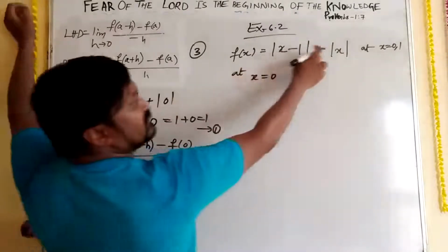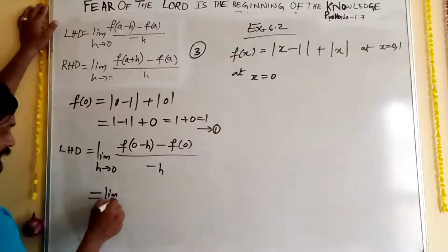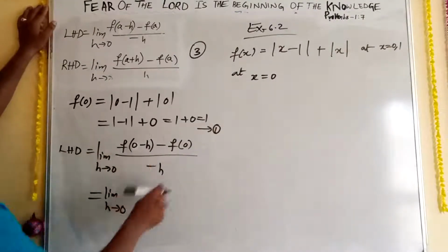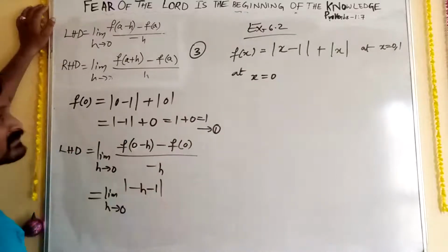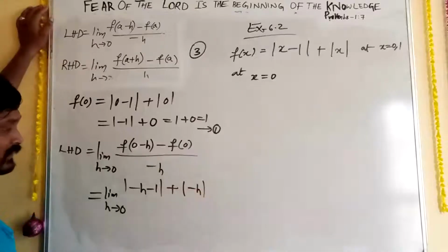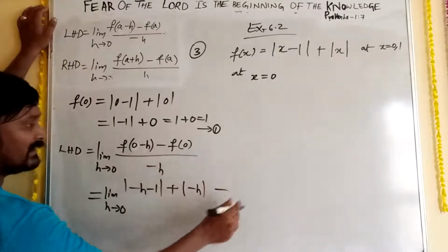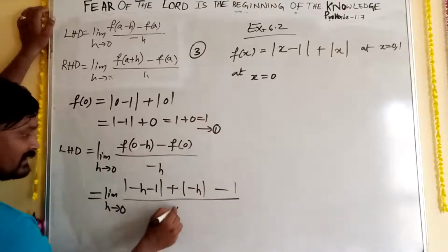Wherever x is there, substitute minus h now. So now limit h tends to 0, modulus of minus h minus 1, plus modulus of minus h, then minus f of 0, which you got as 1. Just write 1, upon minus h.